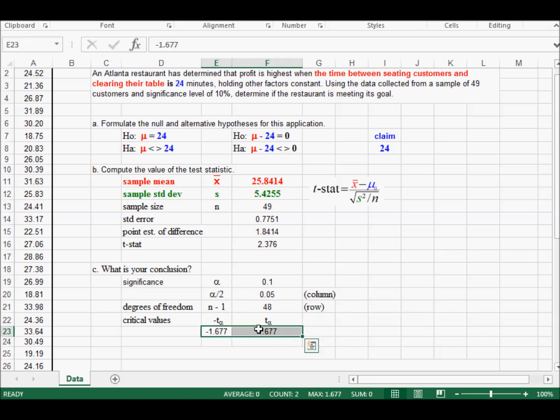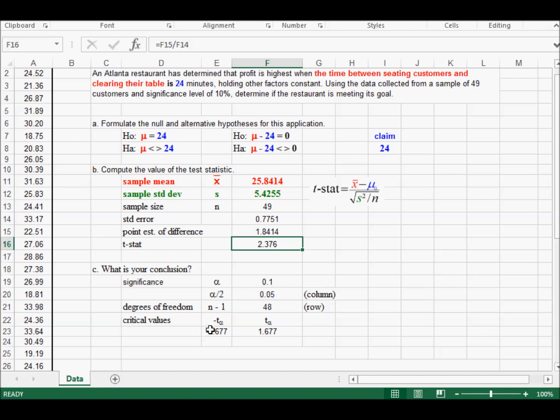So if the test statistic is in between these two critical values, we can say that this difference is insignificant. The t-stat is insignificant. So when the t-stat is insignificant, then we have evidence in support of the null hypothesis.